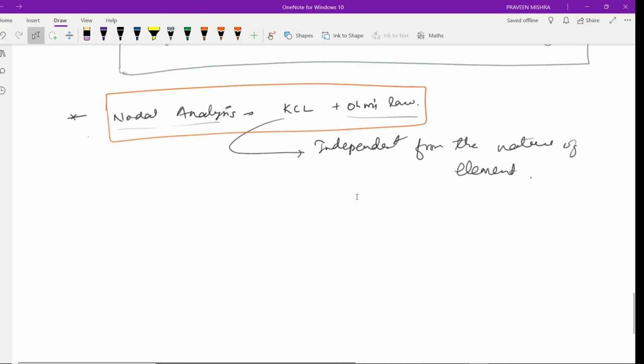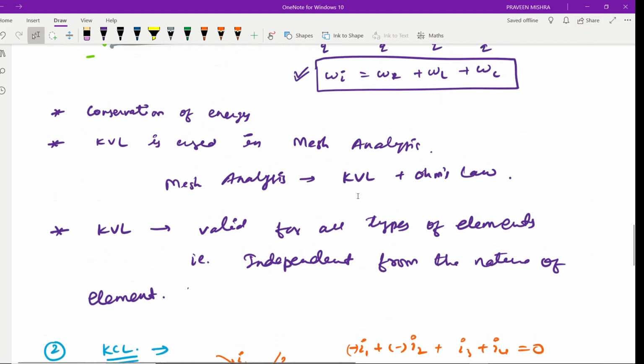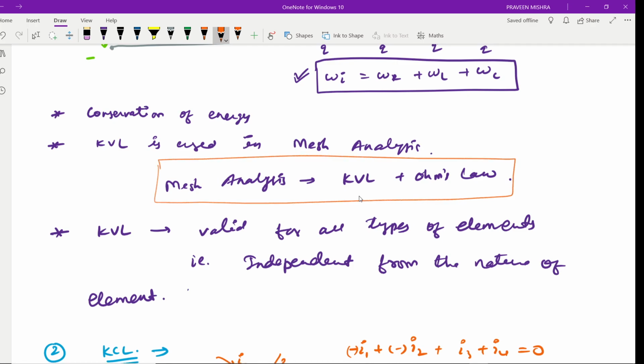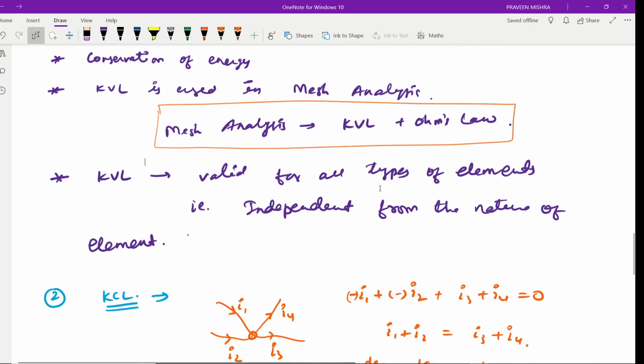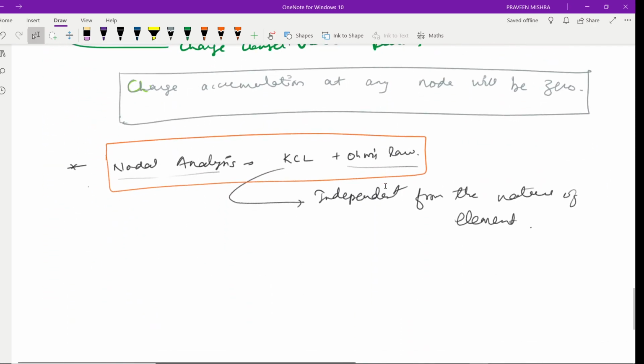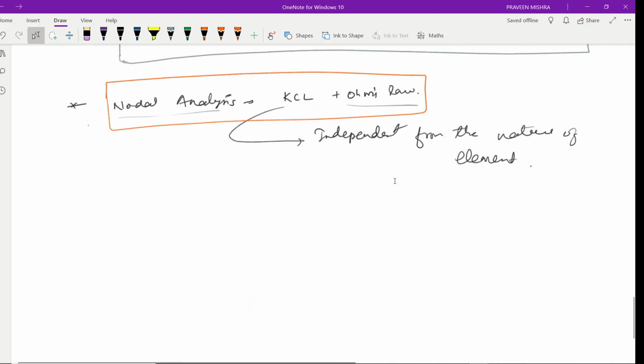And what is mesh analysis? With the application of KVL and Ohm's law, you have to find out the voltage at each element. Okay. I think these things are clear.